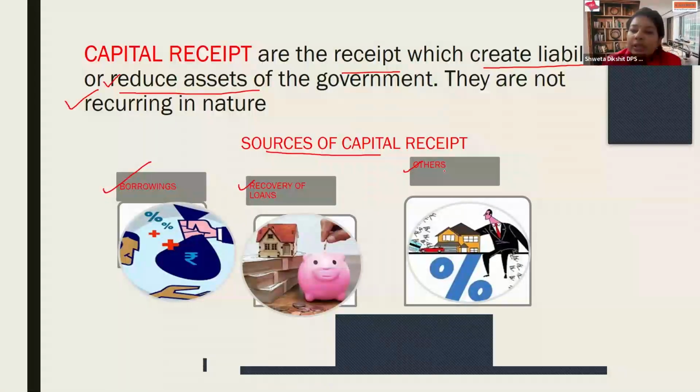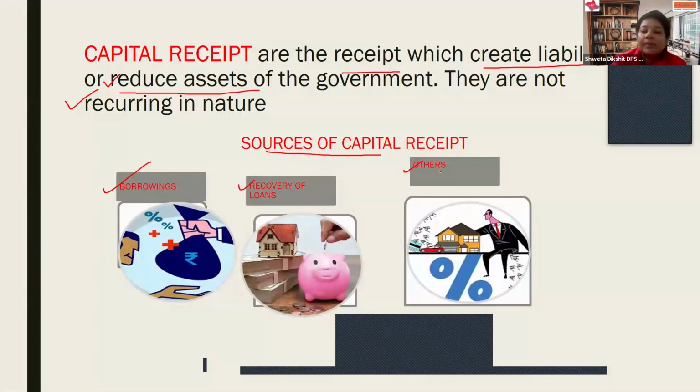What is disinvestment? The part sale of the company, or sale from the PSUs, but it is partial, not complete. So when a partial sale is done for the PSUs, this arranges some funds for the government. So these days, disinvestment has been a major source of income for the government.